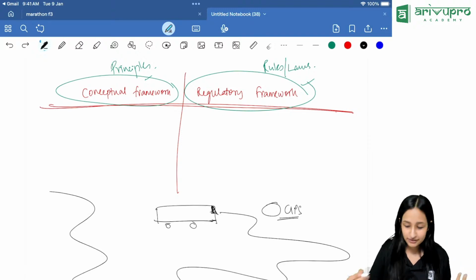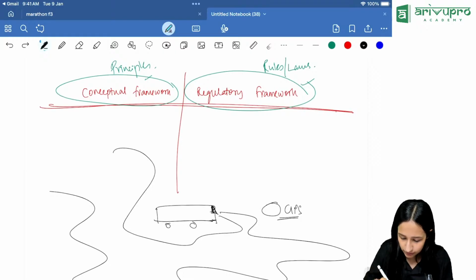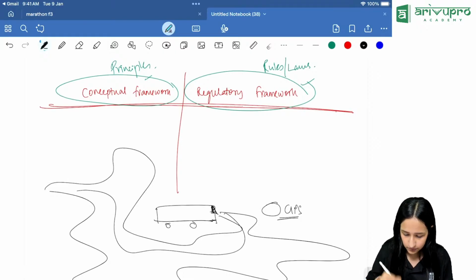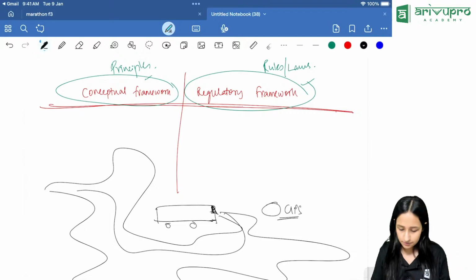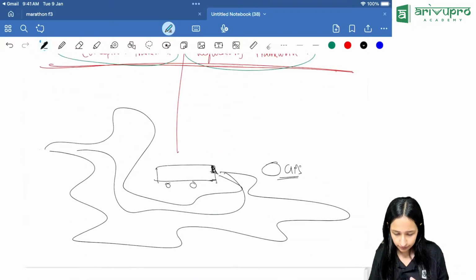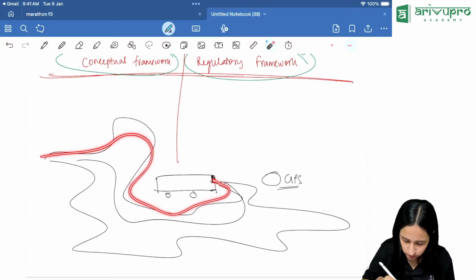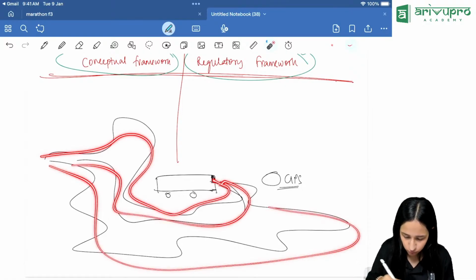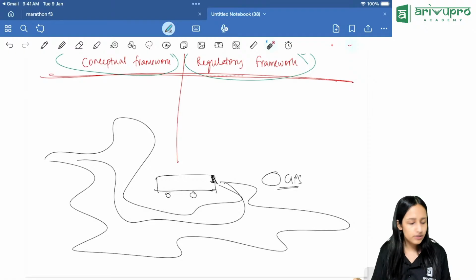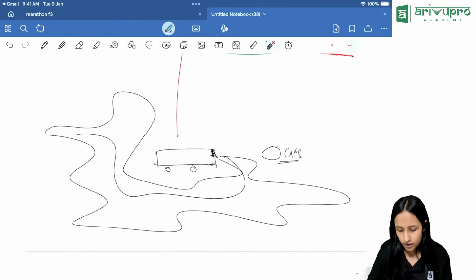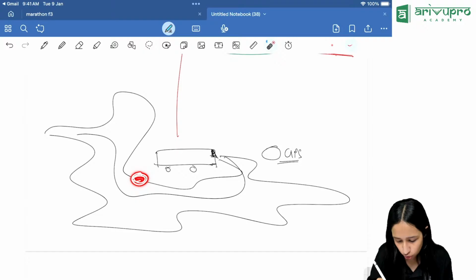But at the same time you can reach it this way also, this way also. Now you can take either this route or this route to reach it. What the conceptual framework does is tell you that you can take this route, this is the shortest route for you.